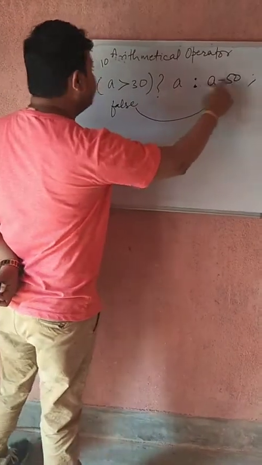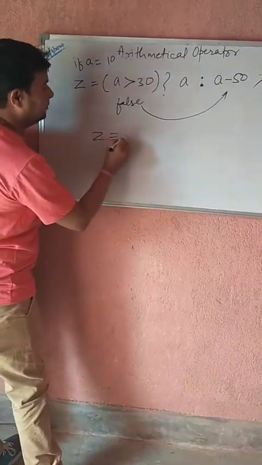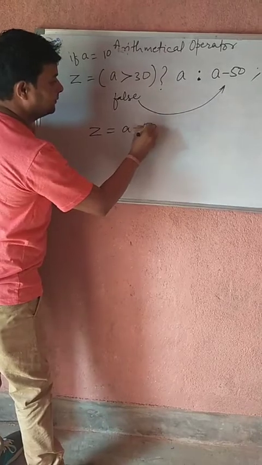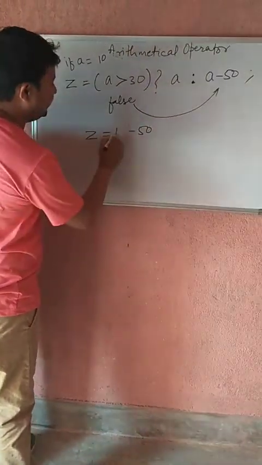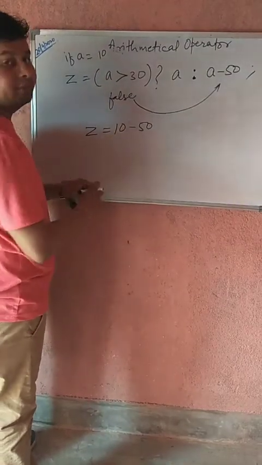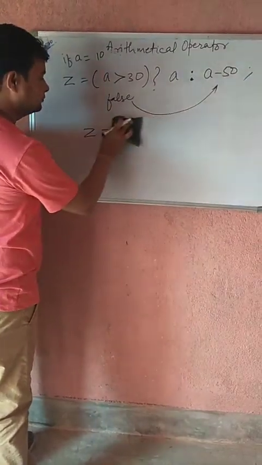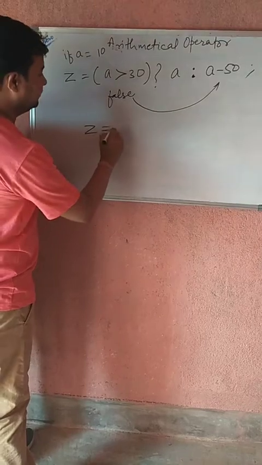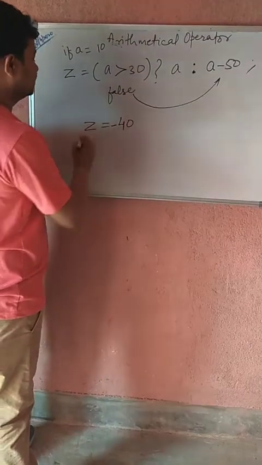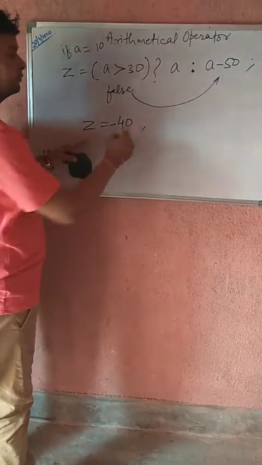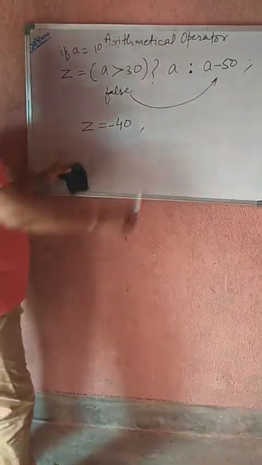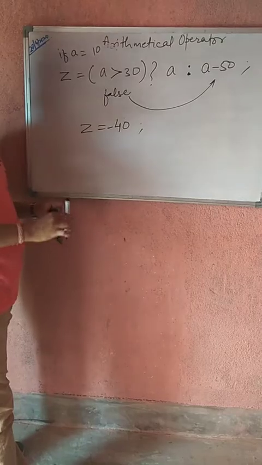So Z will get this one. It means Z will have A minus 50. What is the value of A? 10. 10 minus 50 means what? Minus 40. So Z will get minus 40.